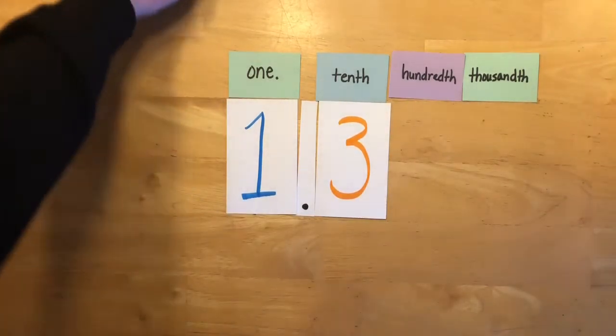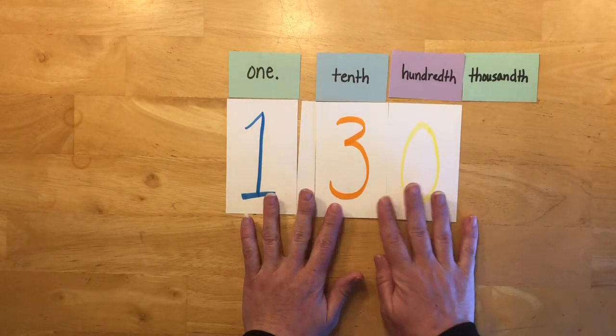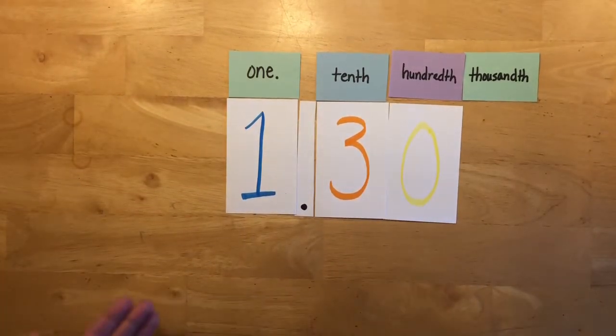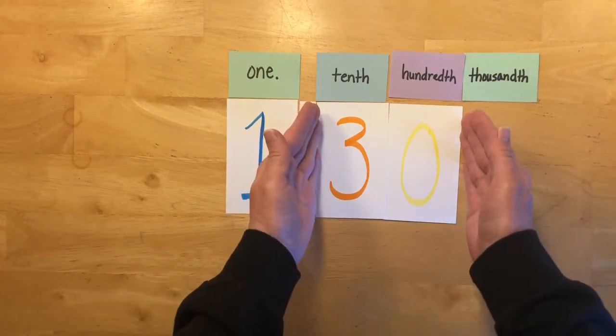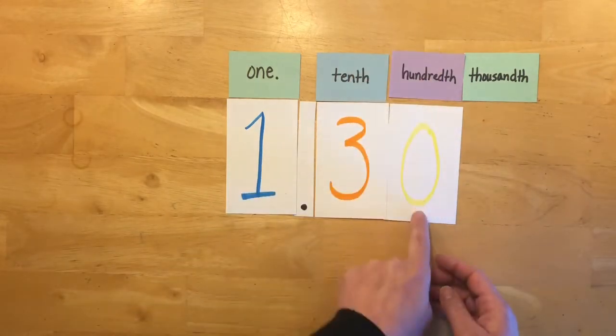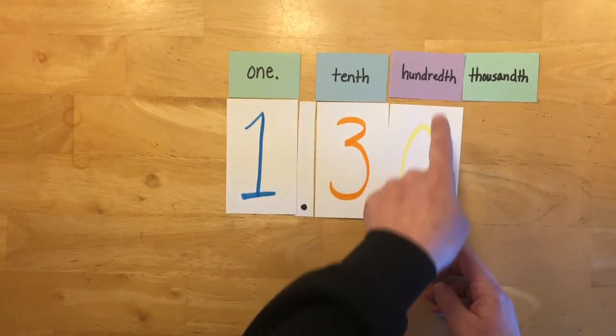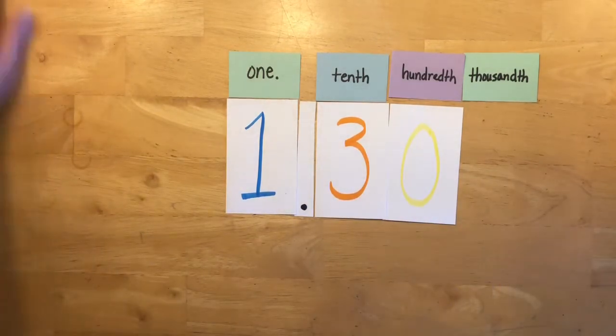Let's try another one. I'm just going to add another digit. So again, I have 1 and now I have the number 30. So I'm going to say 1 and 30. The last place is in the hundredths. So this is 30 hundredths. Let's try another one.